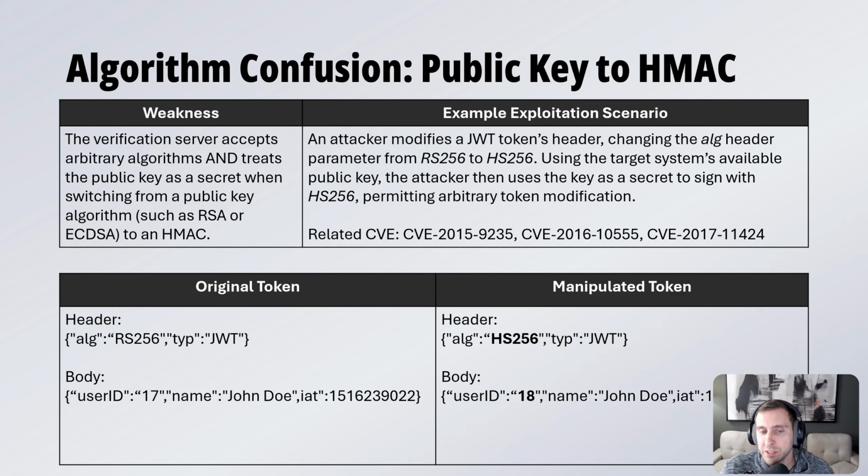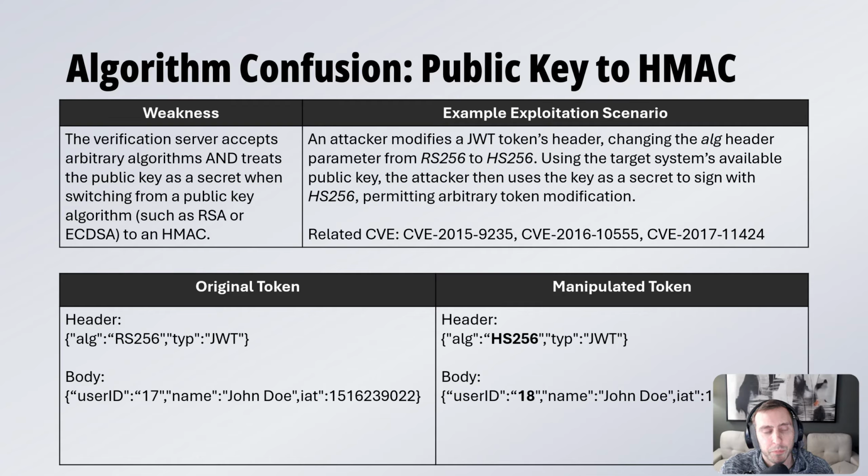What happens is if an attacker modifies the header to specify a symmetric algorithm, so an HMAC algorithm, then the application falls back to use that, but what it uses as the secret is the public key.